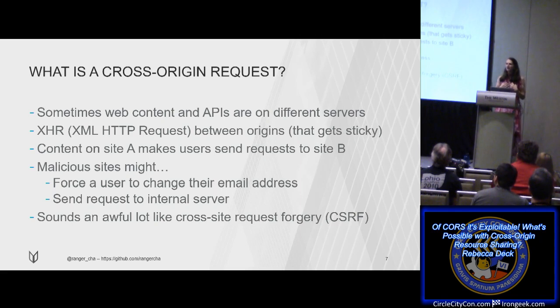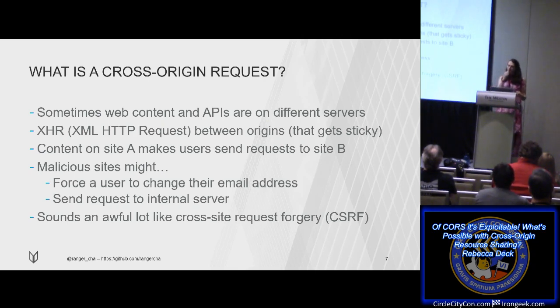But the general idea is one site is probably trying to make a request to another site. So it's trying to tell you as the client, go make a request to this third party. And I might do something like maybe try to get you to change your email address automatically, right? So I write a web page that uses JavaScript and makes you make that request to change your email address on somebody else's API.